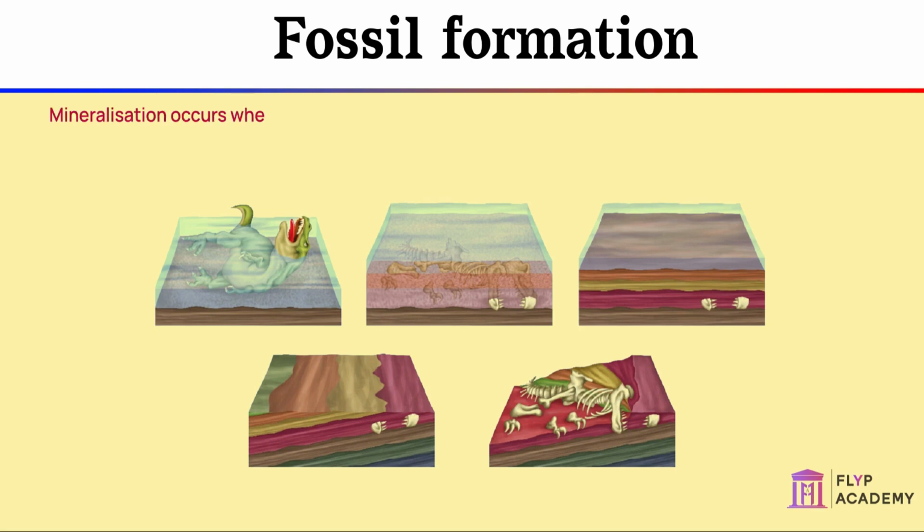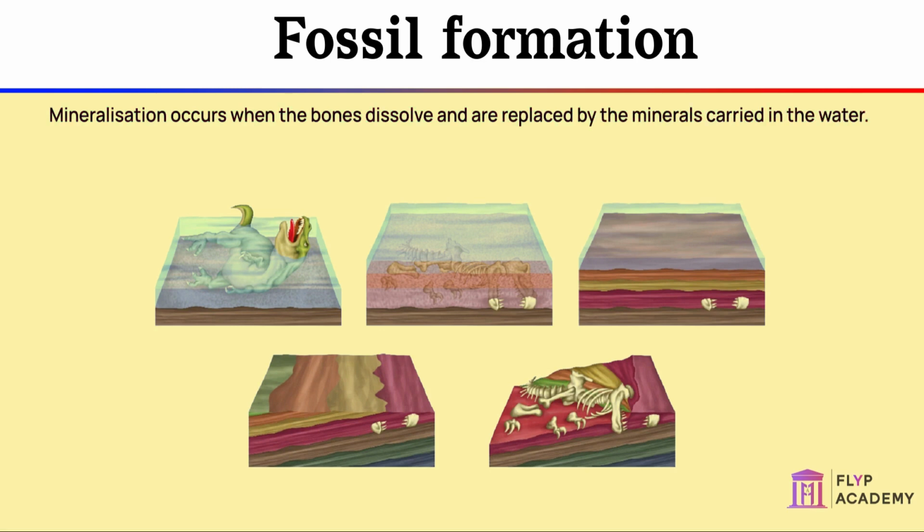Mineralization occurs when the bones dissolve and are replaced by the minerals carried in the water. The fossil then remains in the rock until geological activity or weathering and erosion brings it to the surface. The fossils are then excavated and studied.